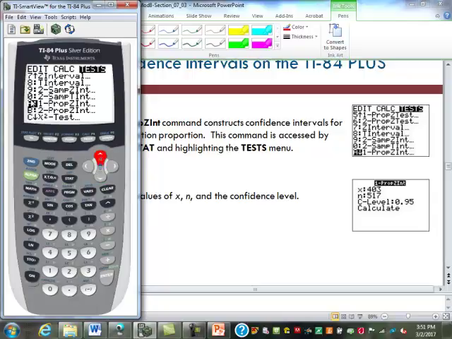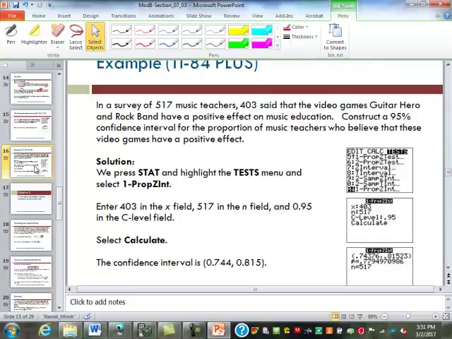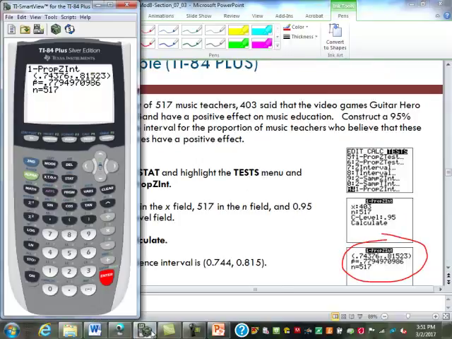It's option A, 1-PropZInt. That's what that stands for. X was 403. N was 517. Confidence level is 95%, so 0.95, and calculate. And there it spits out exactly what we had when we did it by hand. You can see the output right there, exactly what our output is here on the calculator.